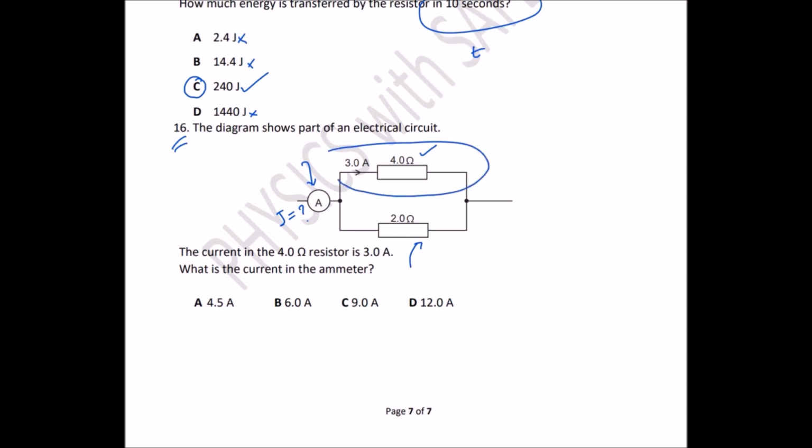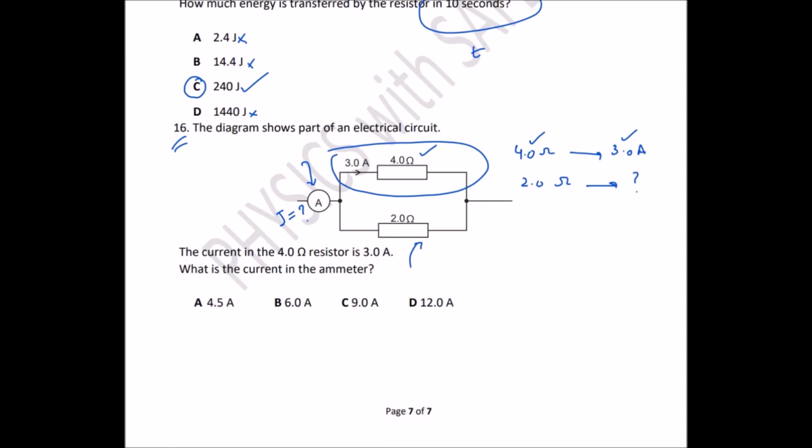Look at this first portion. The 4.0 ohm resistance carries 3.0 amps current. And the 2.0 ohm, how much current? We don't know. Look at the numbers. 4 ohm carries 3 amps. And you know resistance and current are inversely related. High resistance, low current, and low resistance, high current.